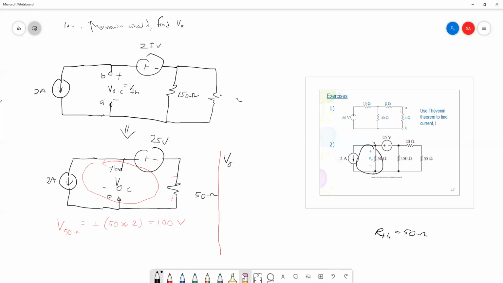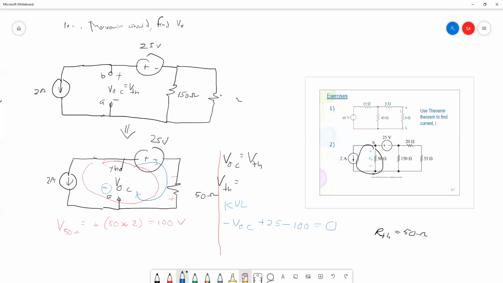And the VOC is equal to VTH. So VTH, I can see, if you look at this KVL, okay, like this KVL clockwise. Let's put a clockwise here. Okay, so my KVL is negative VOC because I put negative here, and then plus 25, and then minus 100.